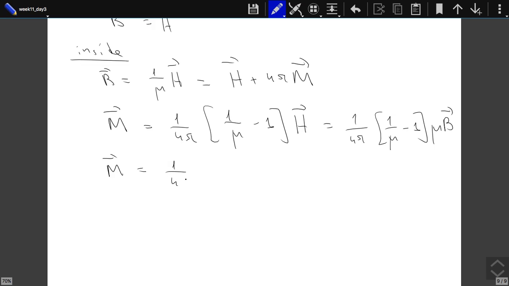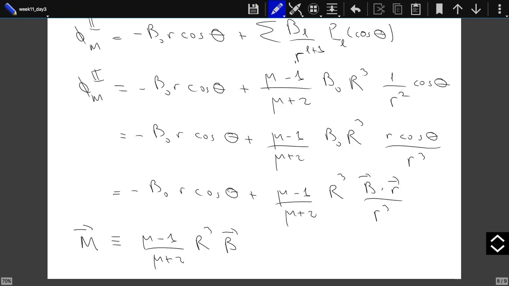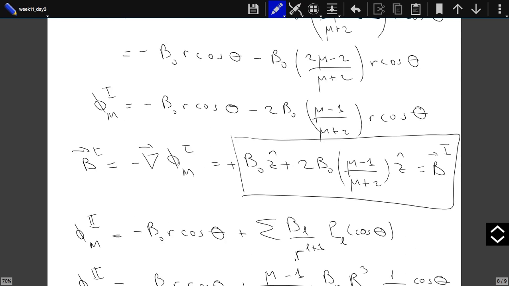M is equal to 1 over 4 pi 1 minus mu times B. Well, I know what B is inside.